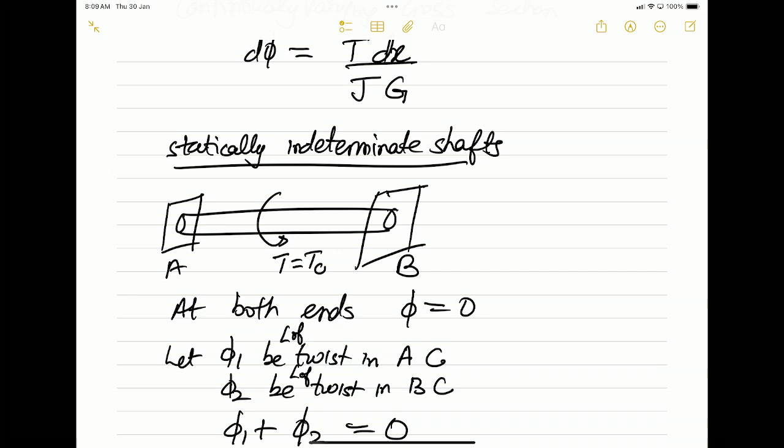Last class I was talking of torsion, where we apply a twisting moment, a twisting torque, on a circular shaft. The reason we are considering circular shafts is that in a circular shaft the distortion is axisymmetric. Therefore the only components of shear which come are tau z theta and tau theta z, if this is the z axis.